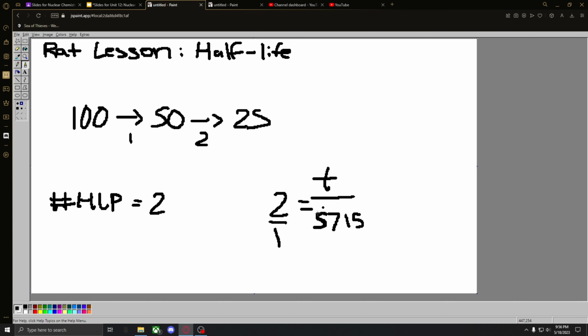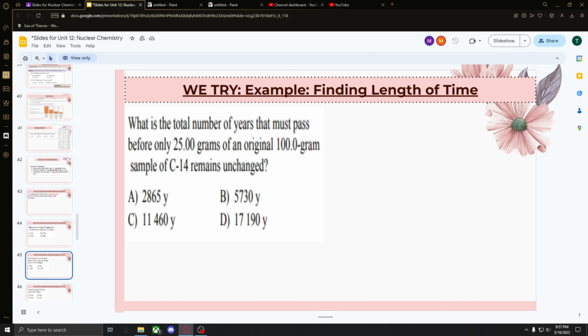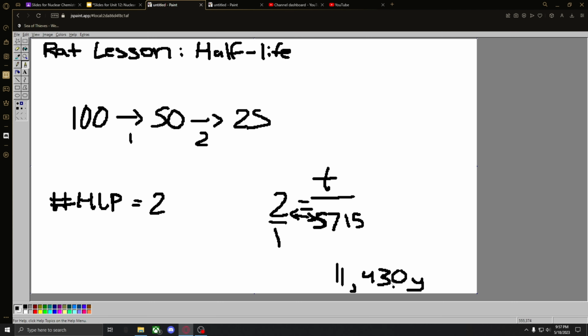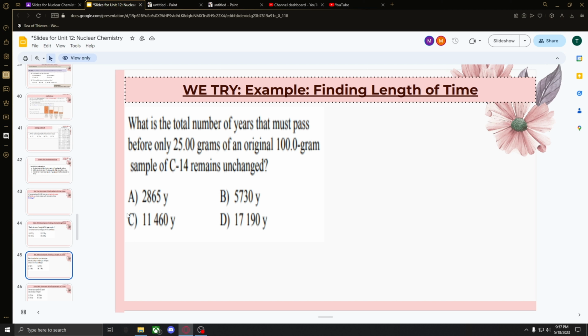Now we just plug this into the calculator. You can cross multiply, and you get 5,715 times 2, which is 11,430. It's in years, so the closest answer to this is C, 11,460. This would be our answer.